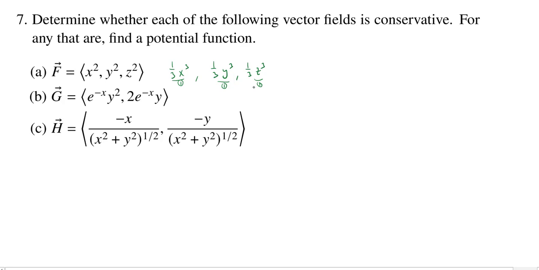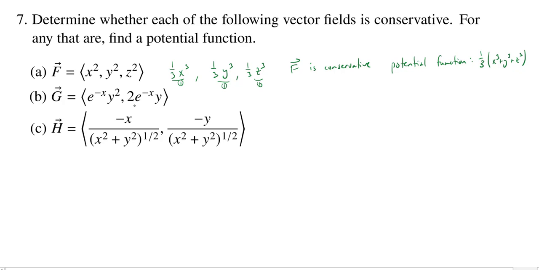And so this tells us that f is conservative, which means there should be a potential function. And the potential function you get just by adding together the distinct components. So the potential function is just going to be, well, we can factor out the third, x cubed plus y cubed plus z cubed over 3. All right, let's check g.